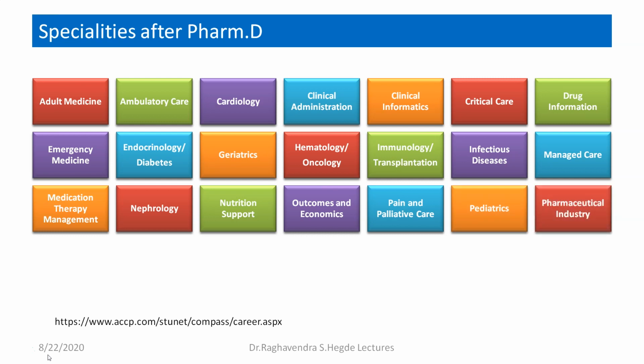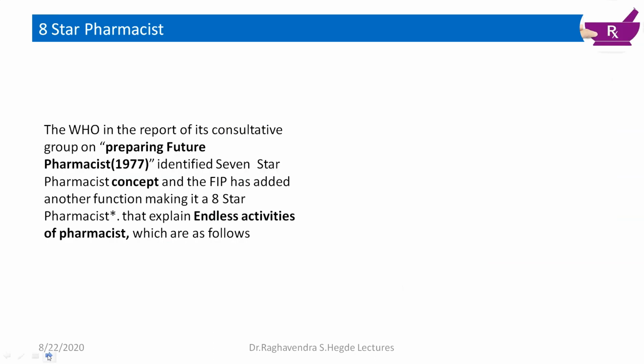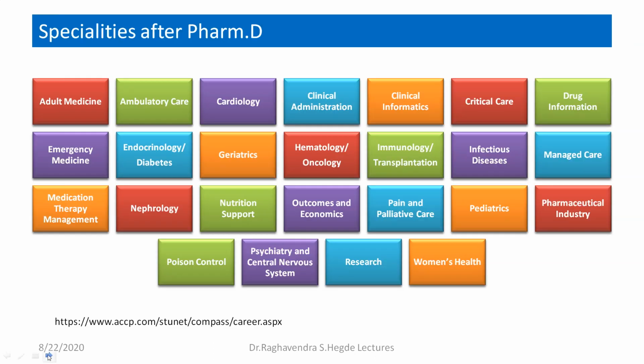The pharmacist after PharmD can work in the pharmaceutical industry as a pharmacovigilance team manager, or he can work in clinical research industries. Poison control, psychiatry and central nervous system, research area, which includes even teaching, and lastly, women's health.